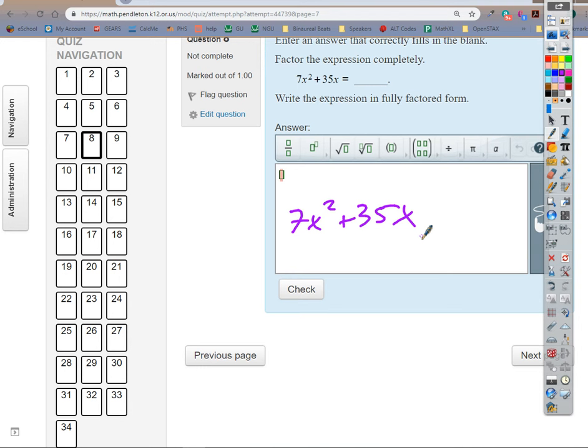Greatest common factor. Yeah, and with a two-term polynomial, usually that's all you can do. So what could I undistribute? 7x. Okay, good. So we take 7x out front, what's left behind? x plus 5, so that's our answer.